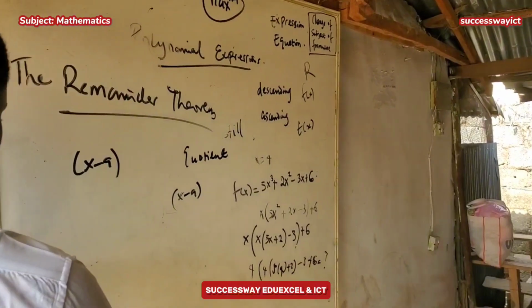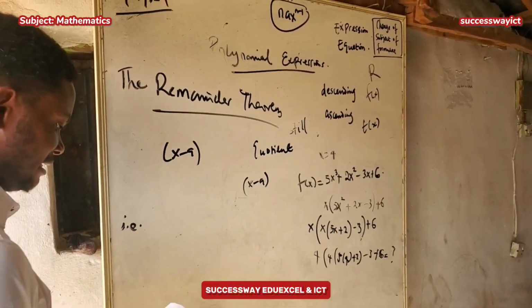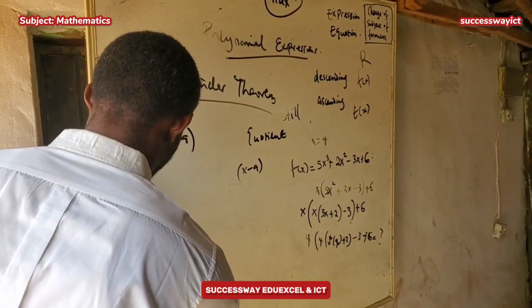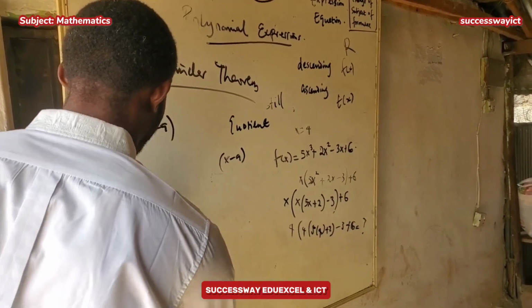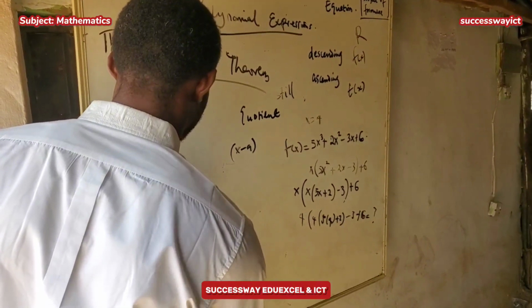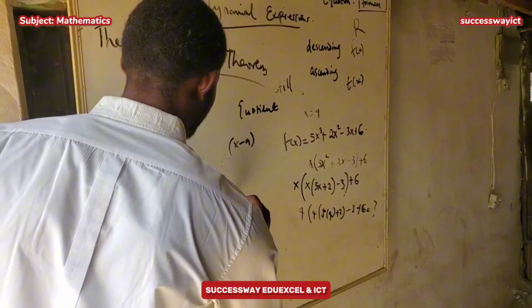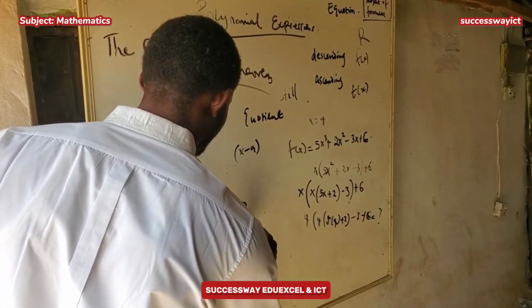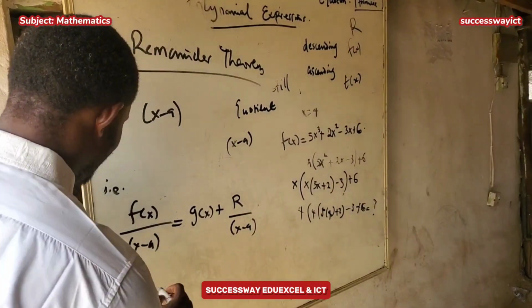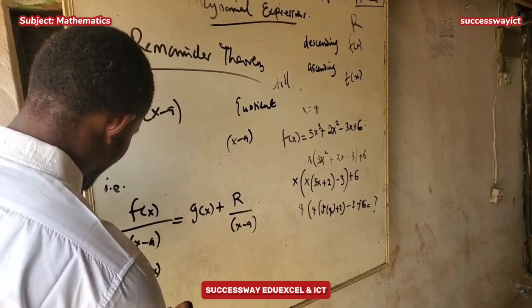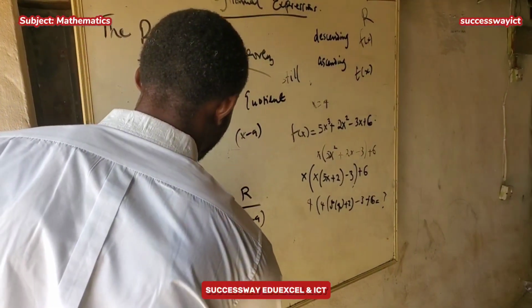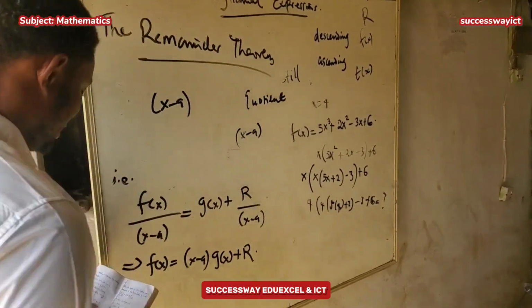That is, f of x all over x minus a equals the quotient plus r over x minus a. This implies that f of x is equal to x minus a times the quotient plus the remainder.